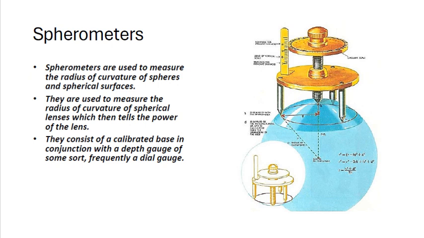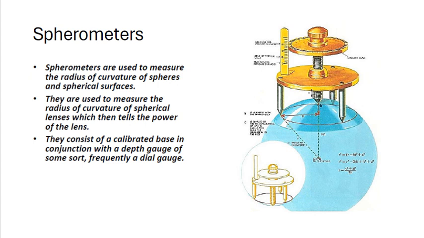Of course we have a better spherometer than that now. When we measure the spherical lens, you can be able to tell the power of that lens. So very important. We use lenses in your glasses, so the power of your lens is very important for your eyesight.